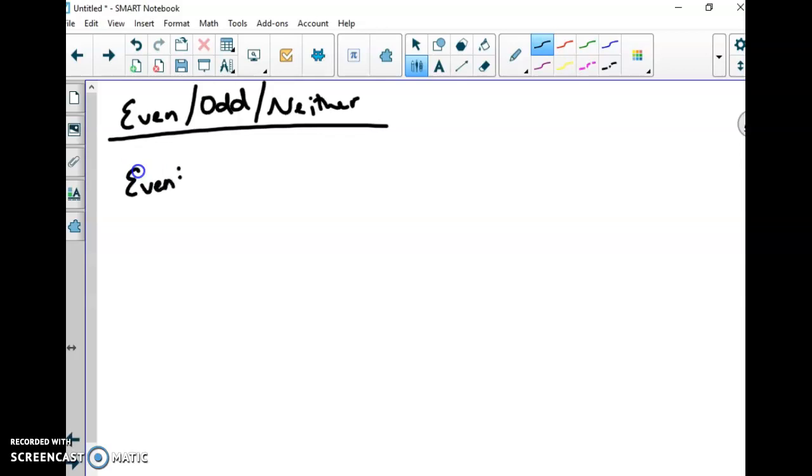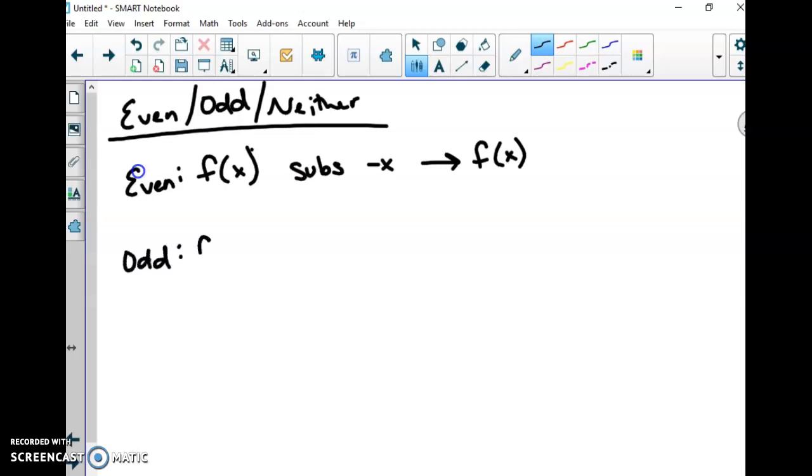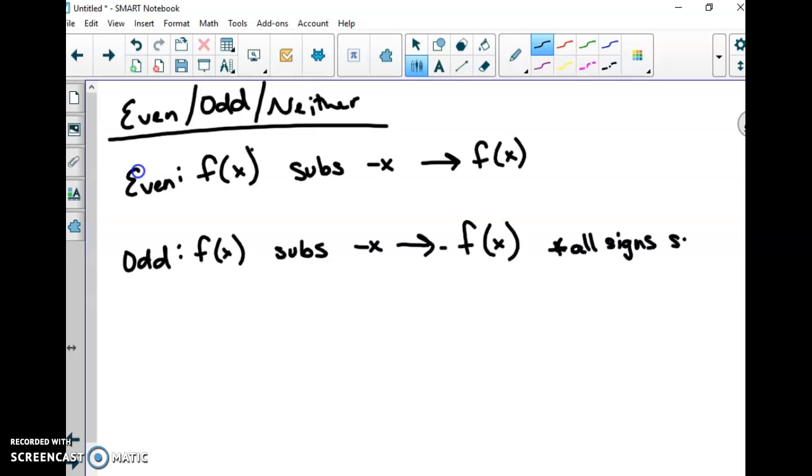If your function is even, you're going to have a regular f of x, and when you substitute in negative x, if it results in f of x, the exact same, then it's even. It's odd if you substitute negative x in and all of this becomes negative f of x. So basically all the signs switch. If it's neither, you have some signs change, some not.